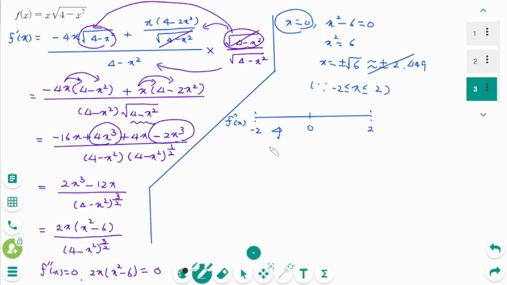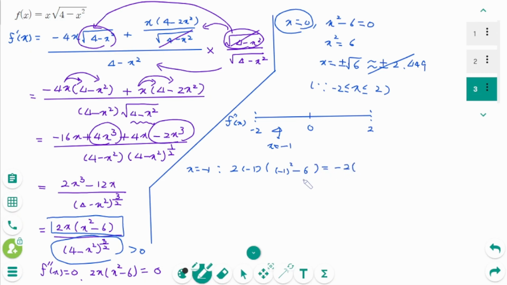When the testing number is minus 1, x is between minus 2 and 2, the denominator is always positive, this part. So we can use only the numerator part, which is 2x times (x squared minus 6). Then 2 times minus 1 times (minus 1 squared minus 6) equals minus 2 times (1 minus 6), which is minus 5, is 10, is positive, which means concave up.